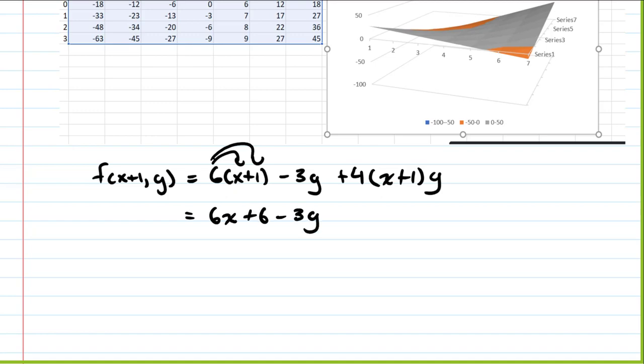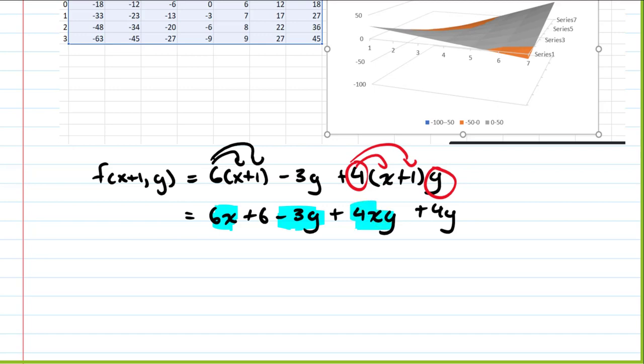And I'm going to distribute the 4y into the parentheses together, and that's going to give me 4xy plus 4y. And once again, we'll notice our original function is 6x minus 3y plus 4xy. So these three things together are f of x, y.